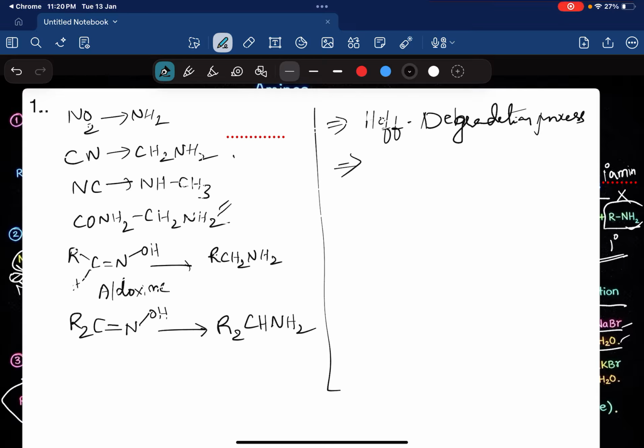In this case, alkyl isocyanate is the intermediate.